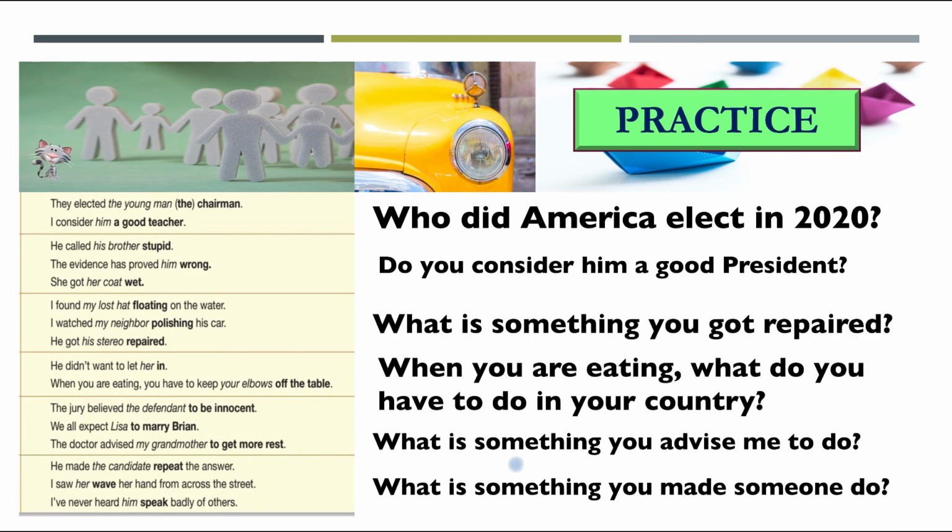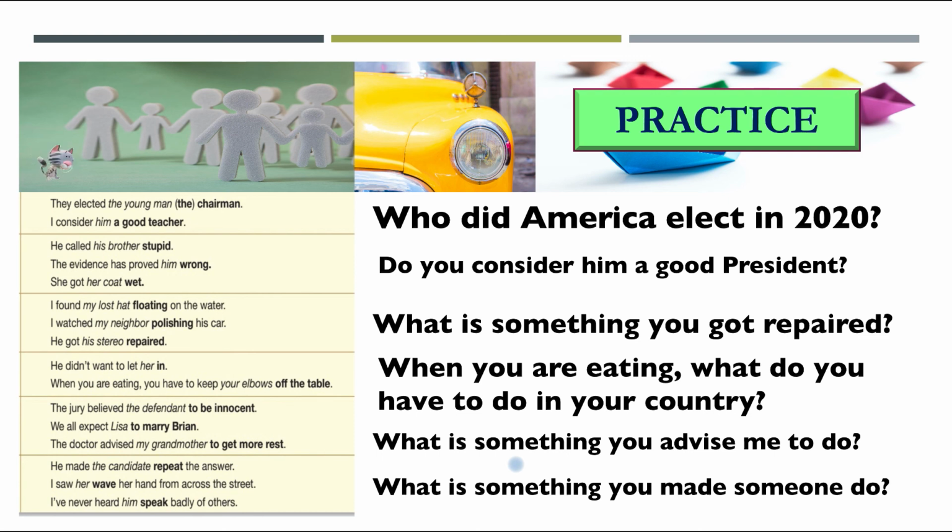Okay, so we're just going to run through a couple of these. Yonghi, who did America elect in 2020? They elected, what was his name? Biden. Joe Biden. They elect Joe Biden the president. Yes. Do you consider him a good president?